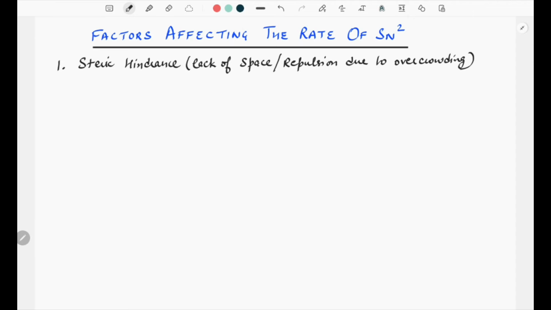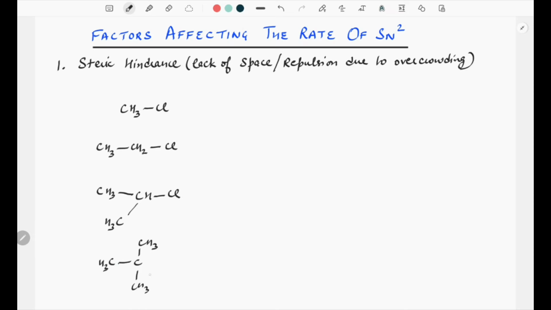So let's take an example. In this reaction, CH3Cl, then in the second step we have CH3CH2Cl. In the third example, we now have CH3CHClCH3, and in the last example we have (CH3)3CCl.